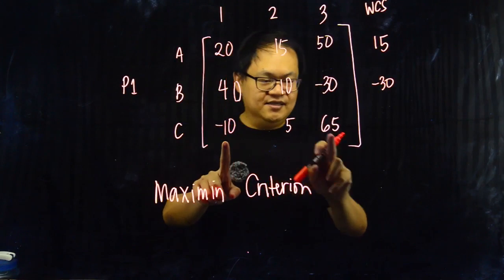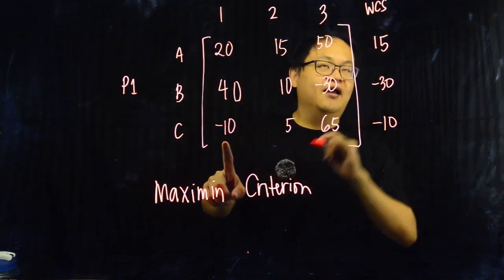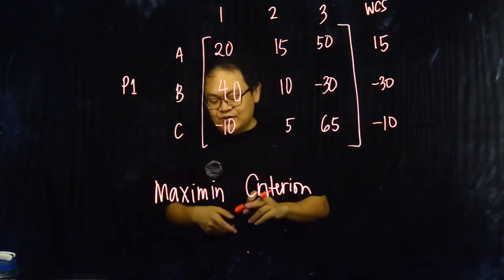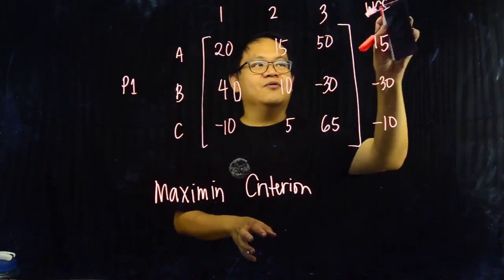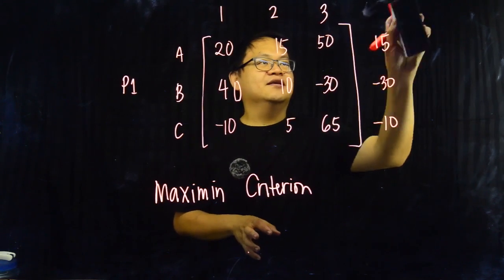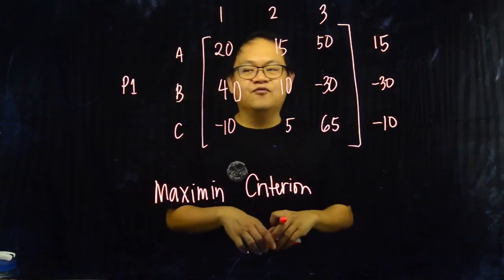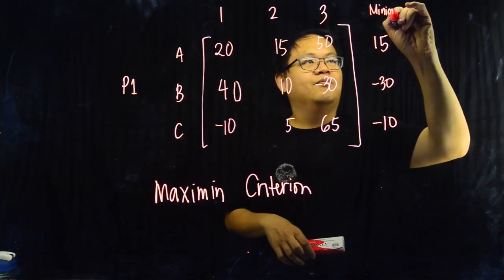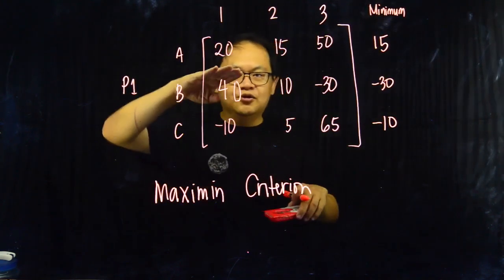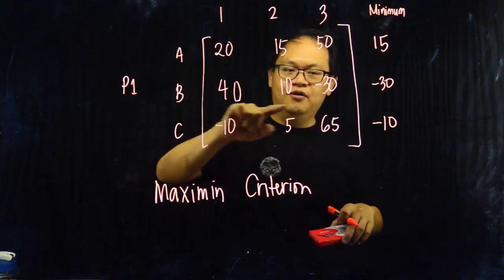Then the worst case is negative 10. Now, as you can see, choosing the worst case scenario for player 1 is actually choosing the minimum of each row.